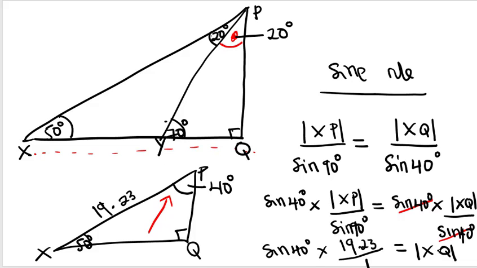So in this case, we'll be having sine 40 degrees multiplying 19.23, and this will give us the length of XQ. So now we'll be having 19.23 times sine 40 degrees, and this will be equal to the length of XQ.